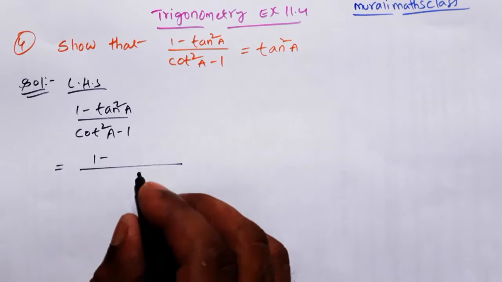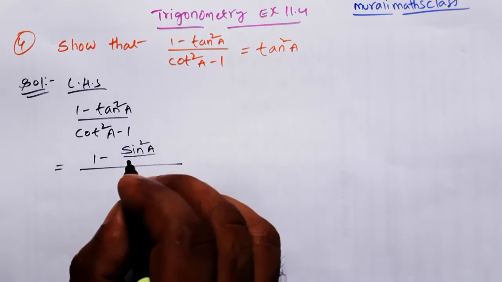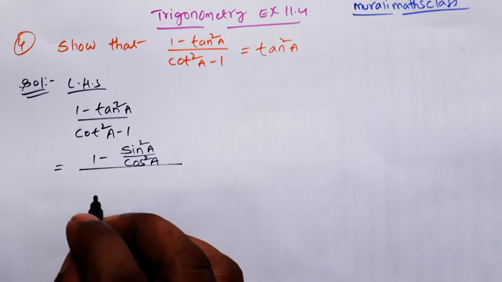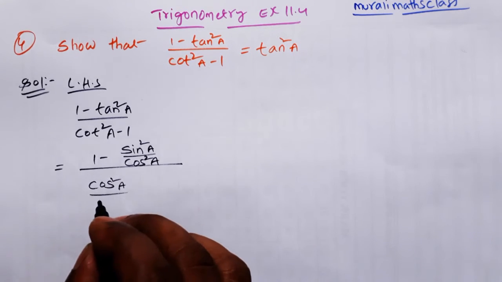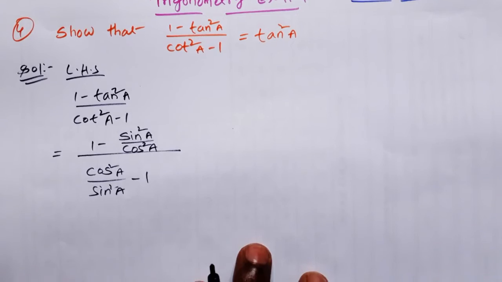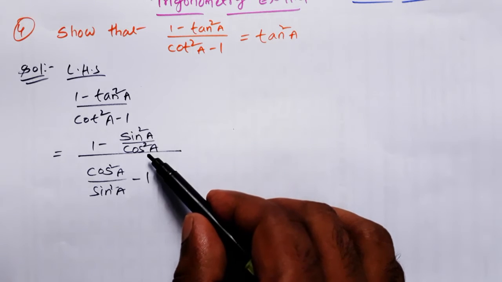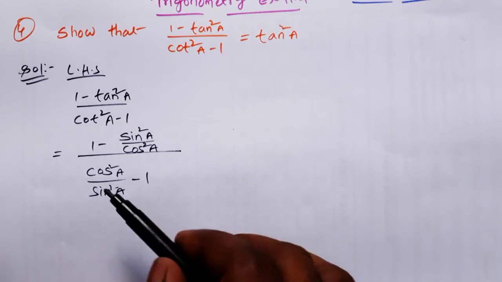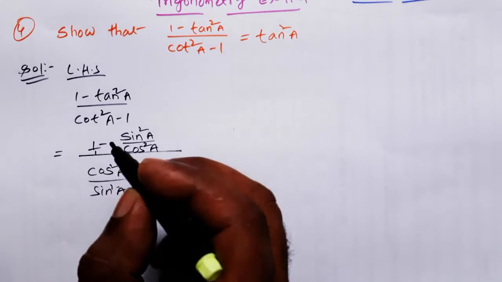Tan square A we can write as sin square A by cos square A. In the same way, cot square A we can write as cos square A by sin square A. So in this step we wrote tan square A as sin square A by cos square A, and cot square A as cos square A by sin square A. Here we have 1, so write 1 by 1. This also is the same, 1 by 1.